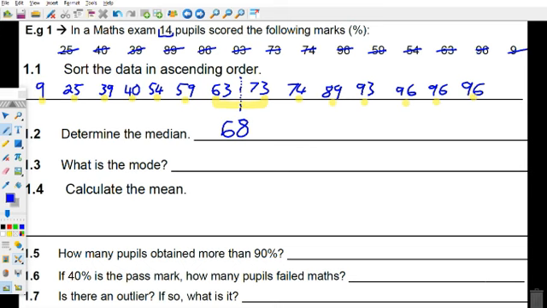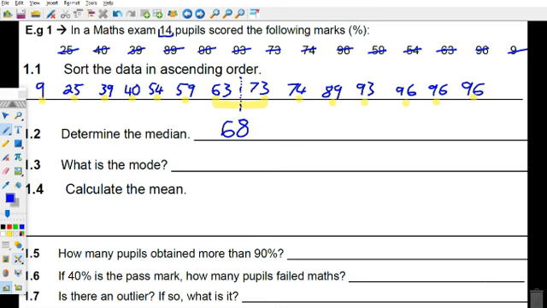So 63 plus 73, divided by 2. You have to add them first and then divide by 2, otherwise you're breaking the maths. That gives 68.